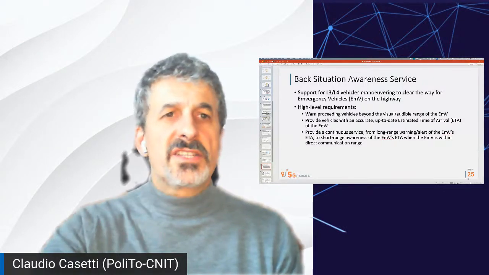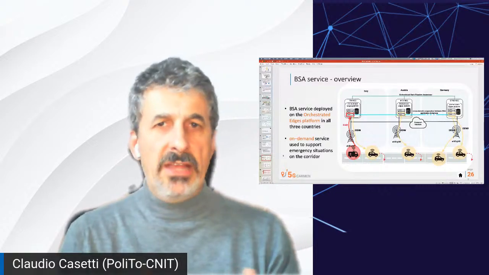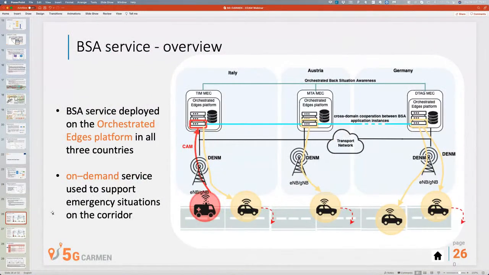And this is done as you see in this picture. Imagine an emergency vehicle that is dashing down the highway. Of course, it has the siren on, but some vehicles may be too far away, out of either visual contact or even oral contact.